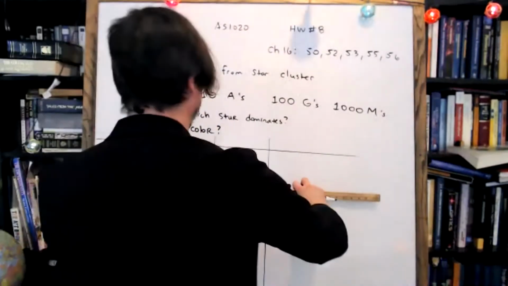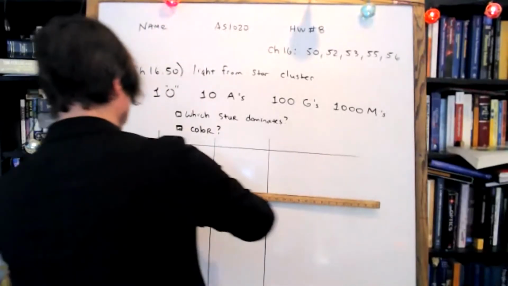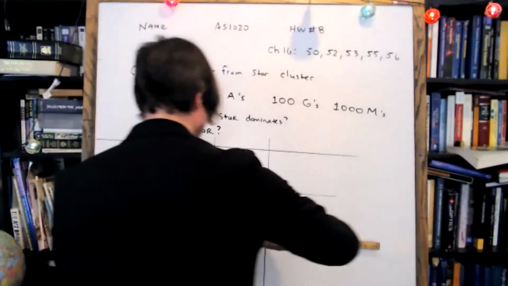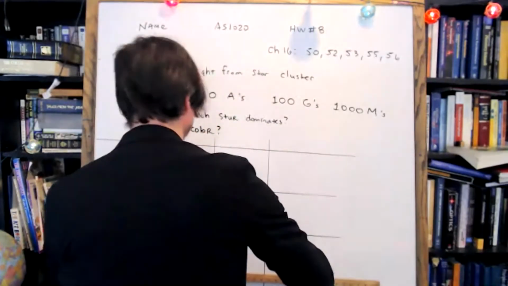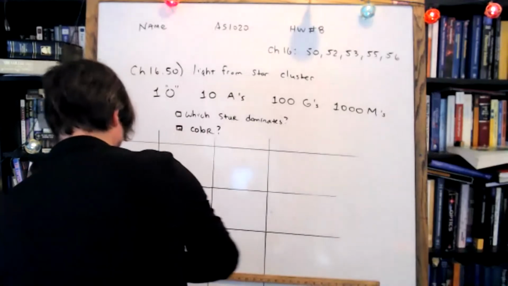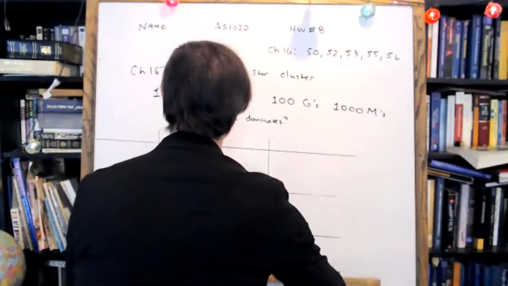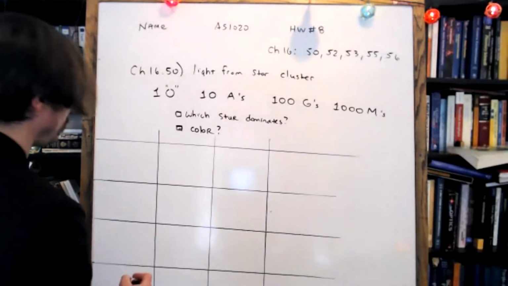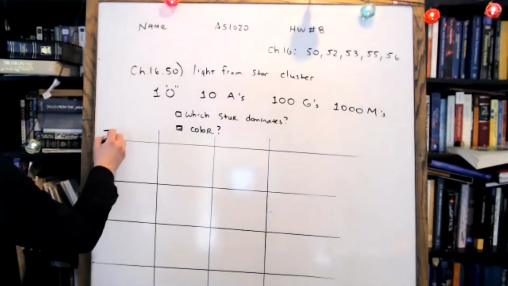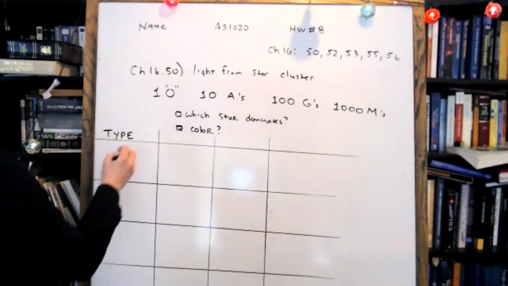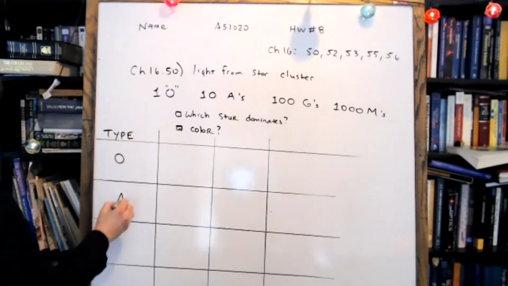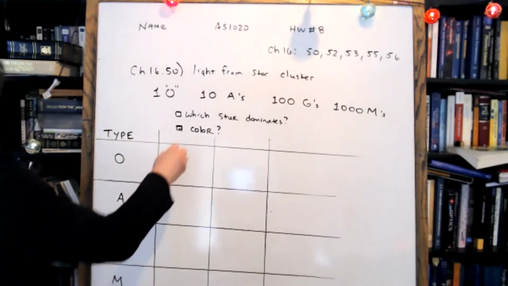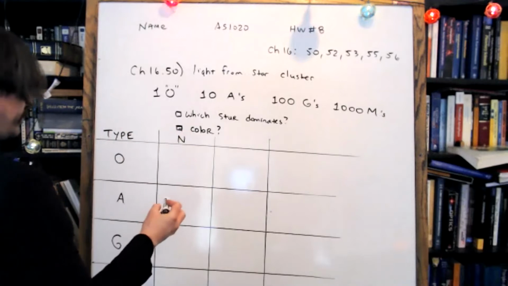So what we'll do is we'll have a column for 1 O, 10 A's. So, well, sorry, we'll have a row for 10 A's, a row for 100 G's, and a row for 1,000 M's. So this will be the spectral type, O, A, G, M. This will be the number.